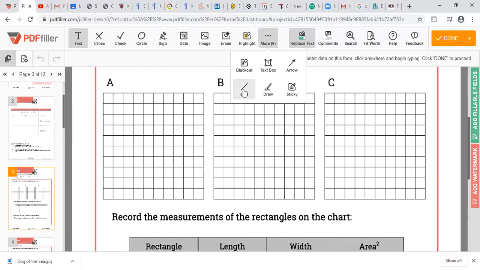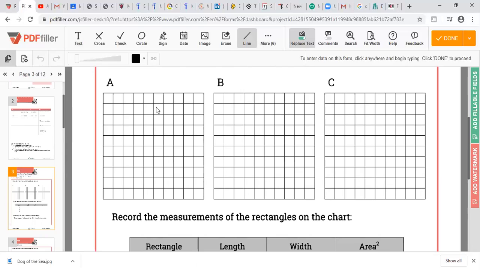So the first thing I'm going to do is draw different rectangles. So here's one.